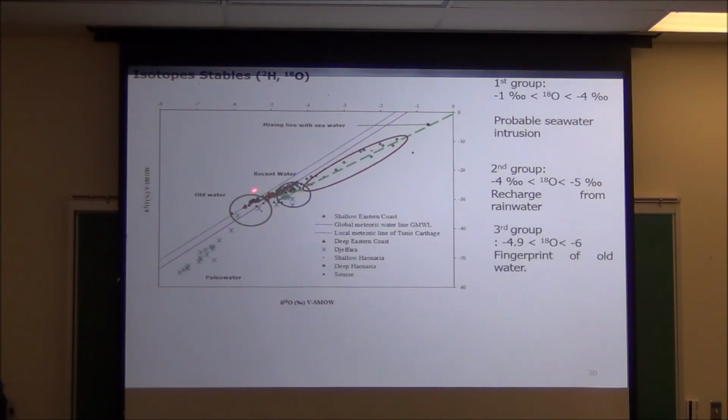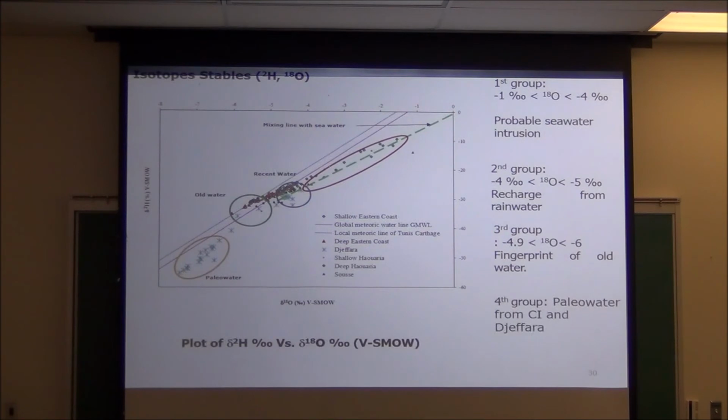The third group has an isotope composition far from the weighted average of Tunis-Carthage rain station. So in this group we have a fingerprint of old water, since we have very depleted water samples in comparison with this group.